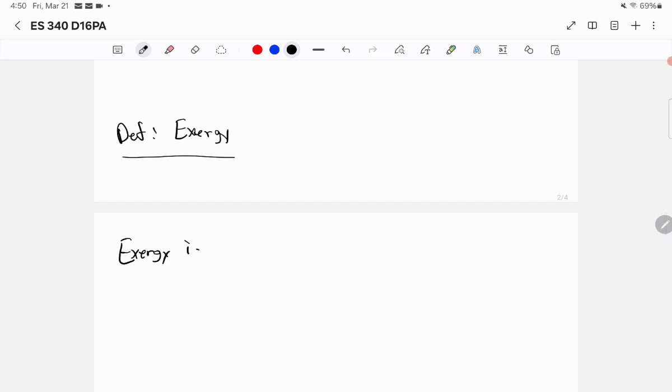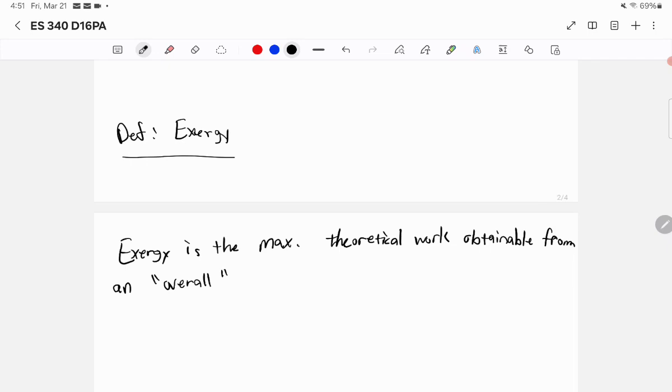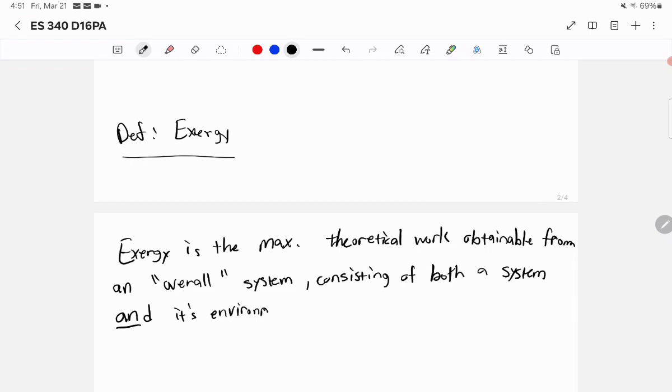Exergy is the maximum theoretical work obtainable from, and I'm going to call it the overall system, this is how your book uses the language, the overall system consisting of both a system and its environment, as the system comes to equilibrium.